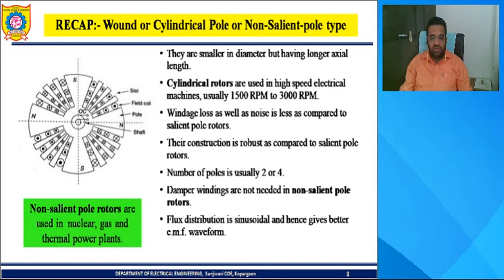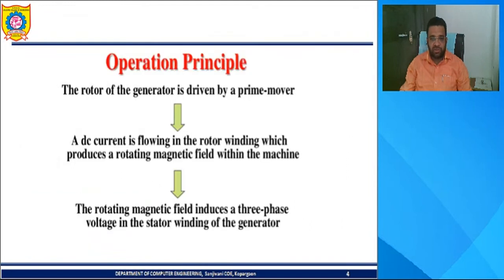Flux distribution is sinusoidal and hence it gives a better voltage waveform. Whatever output comes out, because this is a generator, and generator means AC, generator means alternator. So what exactly is the working principle of this type of generator?